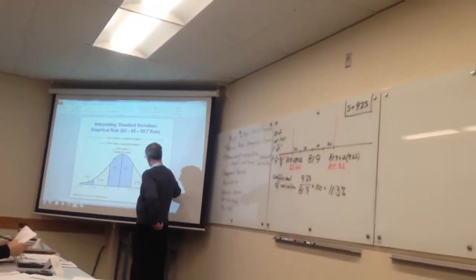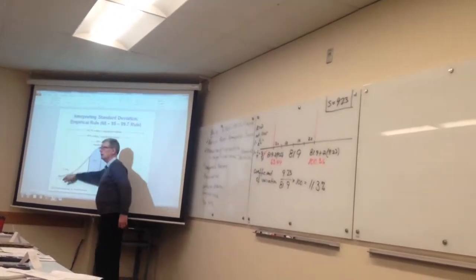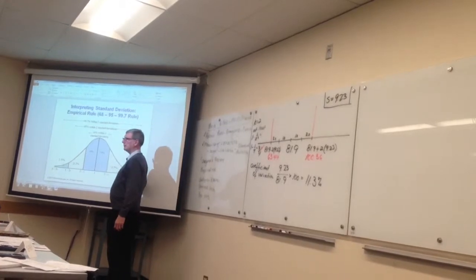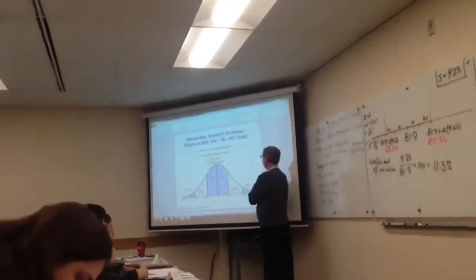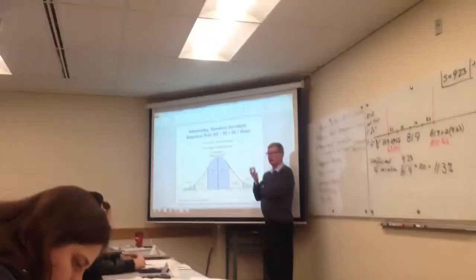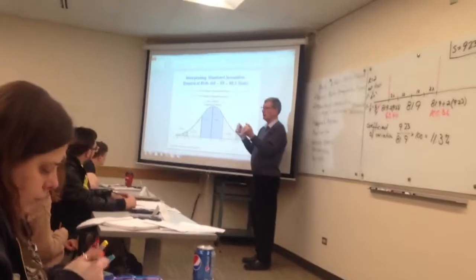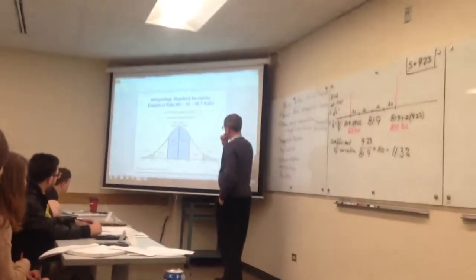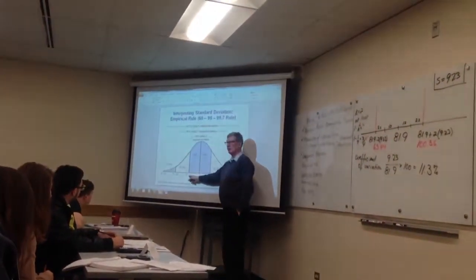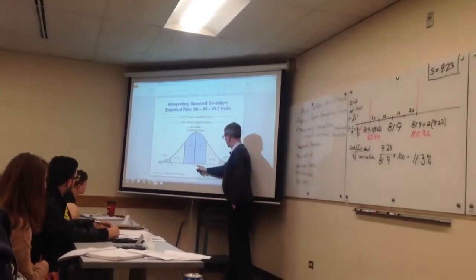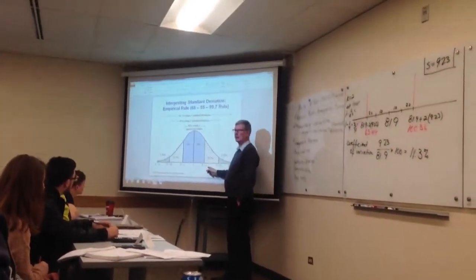and if the data kind of looks like this, up and down, this gives a little bit more precision. The empirical rule says that for well-behaved, symmetric, bell-shaped data, I can go one standard deviation to the left and one to the right.